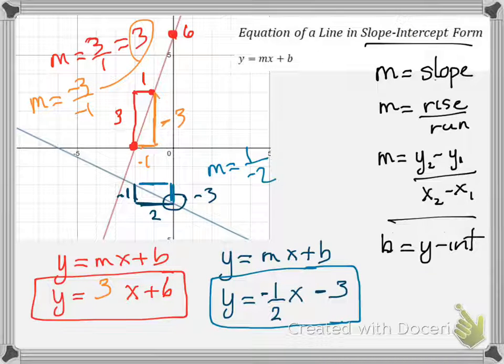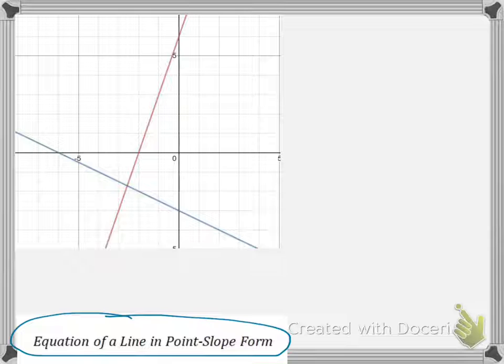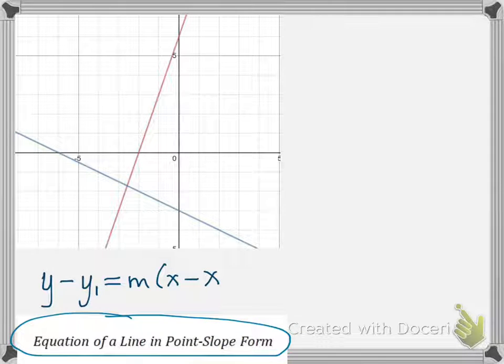That's probably the easiest way to write an equation of a line, but in some of these comparing function ones, they ask you to write the equation 2 different ways. So I'm going to also do point-slope form. Point-slope form is y minus y1 equals m times x minus x1.